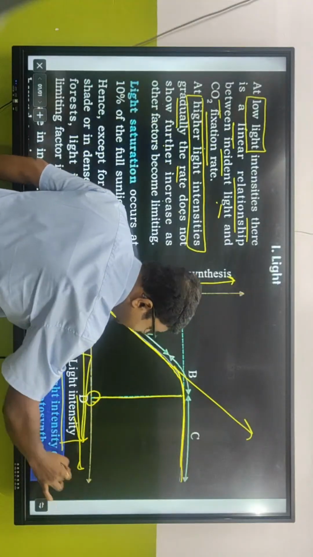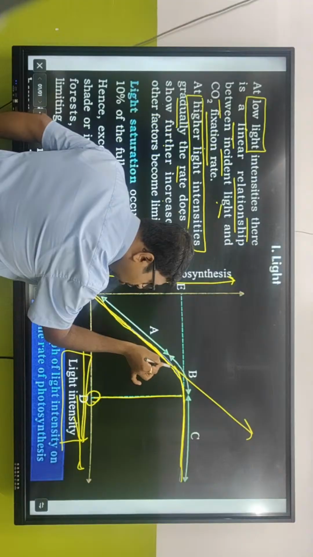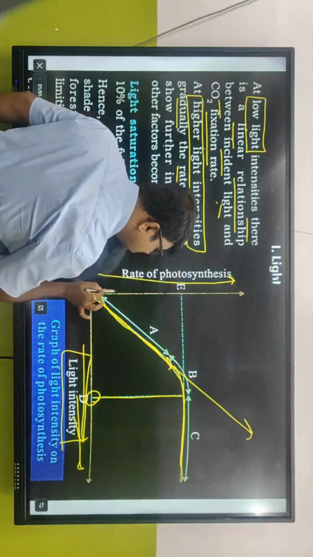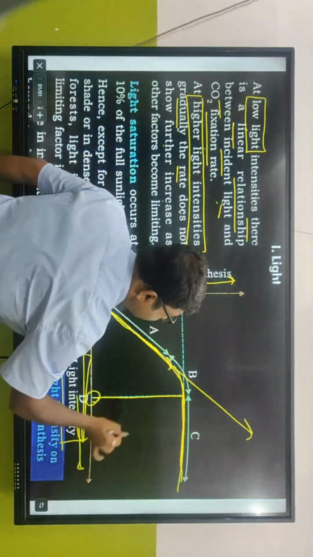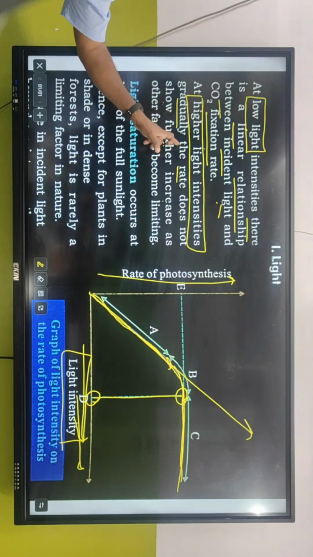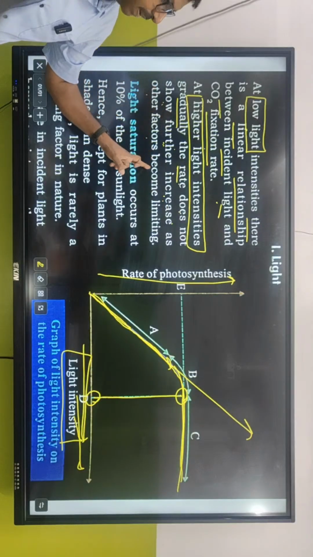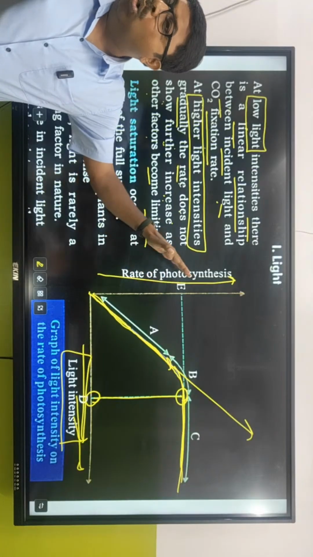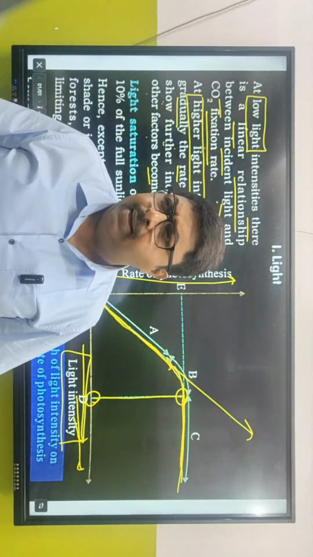In low light intensity, जितना light intensity बढ़ रहा था उतना rate of photosynthesis was increasing, but higher light intensity তে কি হয়ে গেল? এটা স্ট্যান্ডার্ড হয়ে গেল, এটা হয়ে গেল স্যাচুরেশন। The rate does not show further increase as other factors become limiting. So higher light intensity তে অন্য ফ্যাক্টর গুলো লিমিট হয়ে যায় বলে ফটোসিনথেসিস কি হবে, কমবে না বাড়বে?